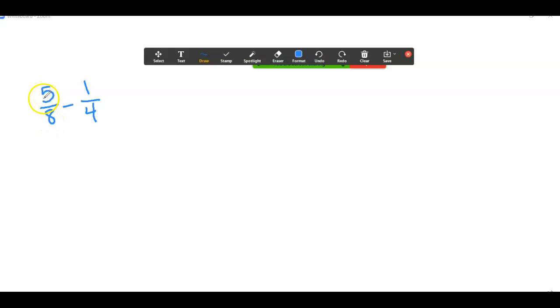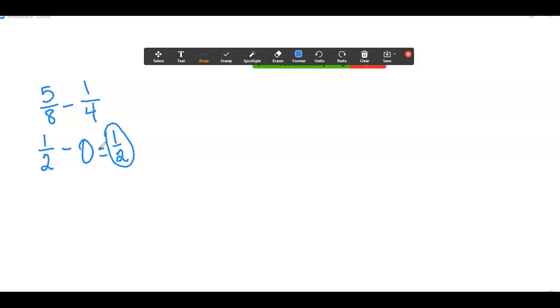Well, I know that half of 8 is 4. So 5/8 is very close to that. So I'm going to round that to a half. Then 1/4, I know that that is 1 piece away from being 0. So I'm going to say that my estimate is 1/2 minus 0, which is 1/2, which was exactly what the last one was.